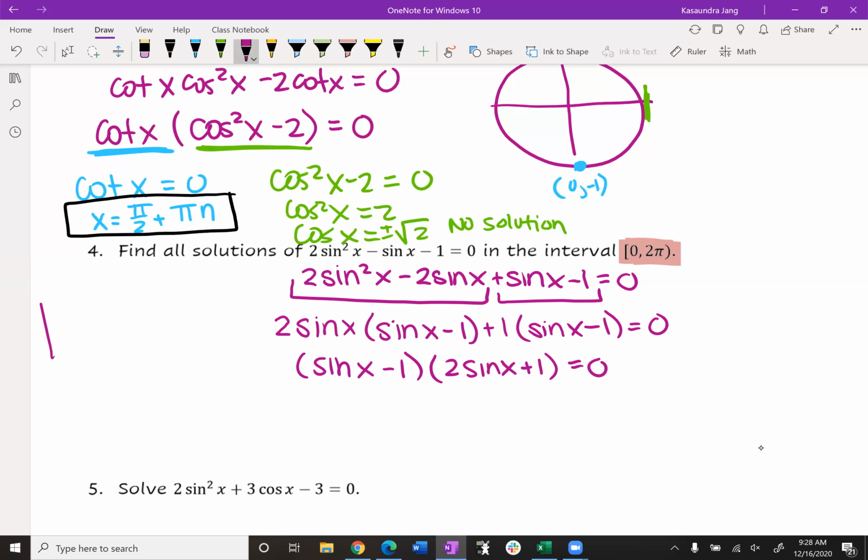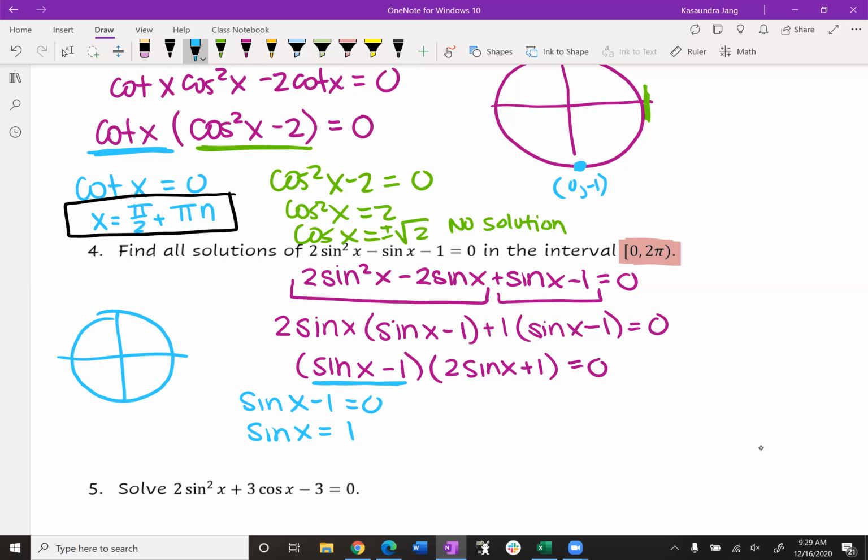All right, so this is where I was on number 3 here. I got it all factored, and then I set my factors equal to 0. So my first factor, sine of x minus 1, I'm going to set that equal to 0. If I add 1 to the other side, sine of x is going to equal +1. Which I do think is on my unit circle. Sine are the y values.